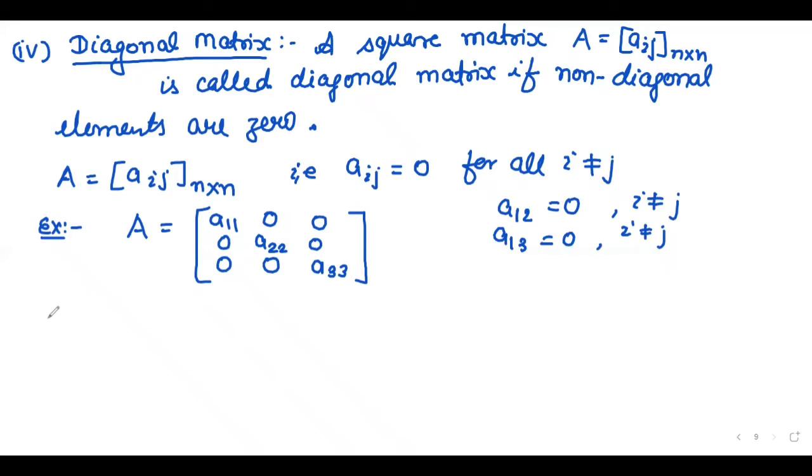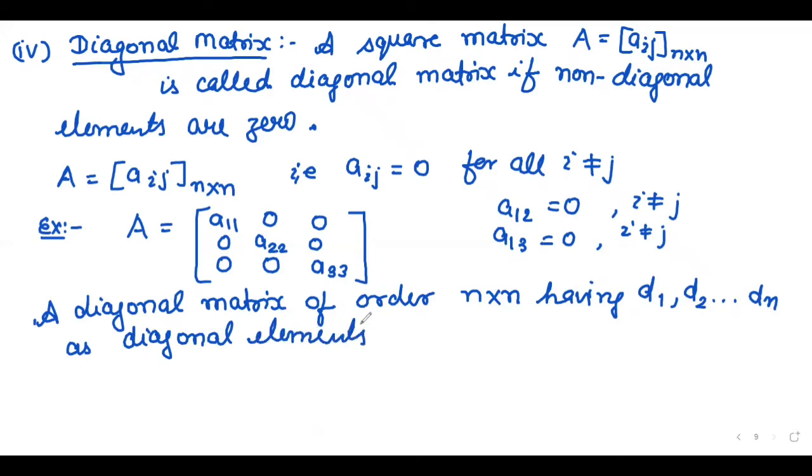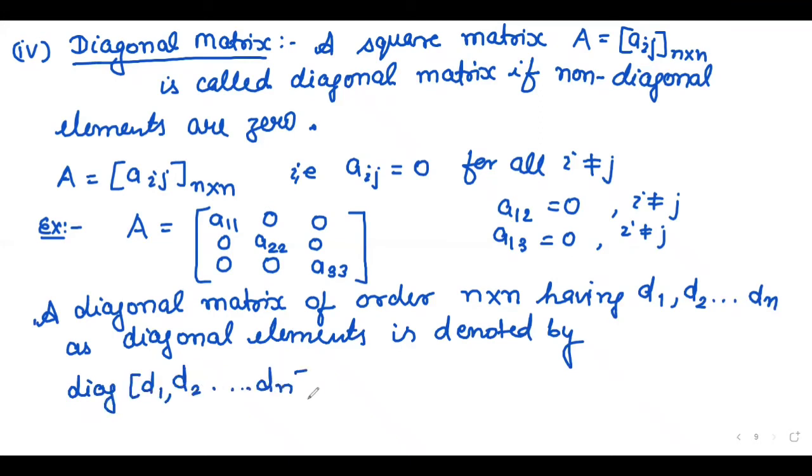In general, we can write a diagonal matrix of order n by n having d1, d2, dn as diagonal elements, denoted by diag(d1, d2, up to dn). So this is the way to represent a diagonal matrix.